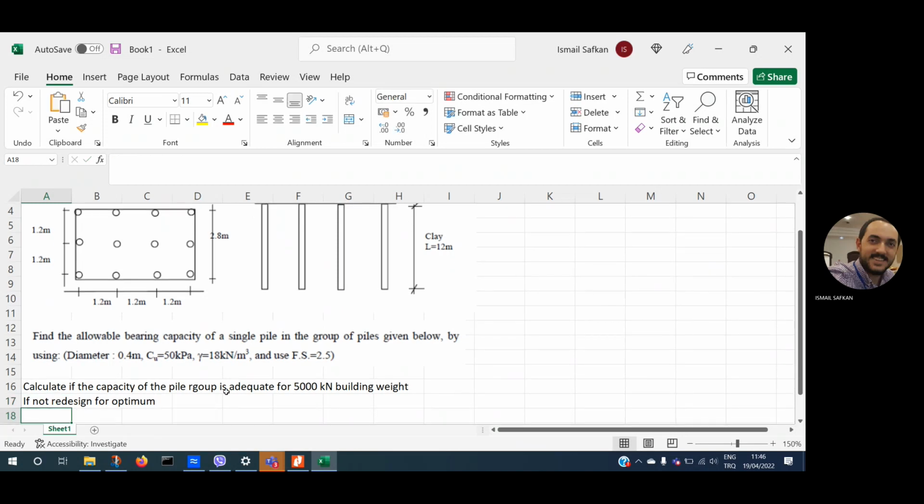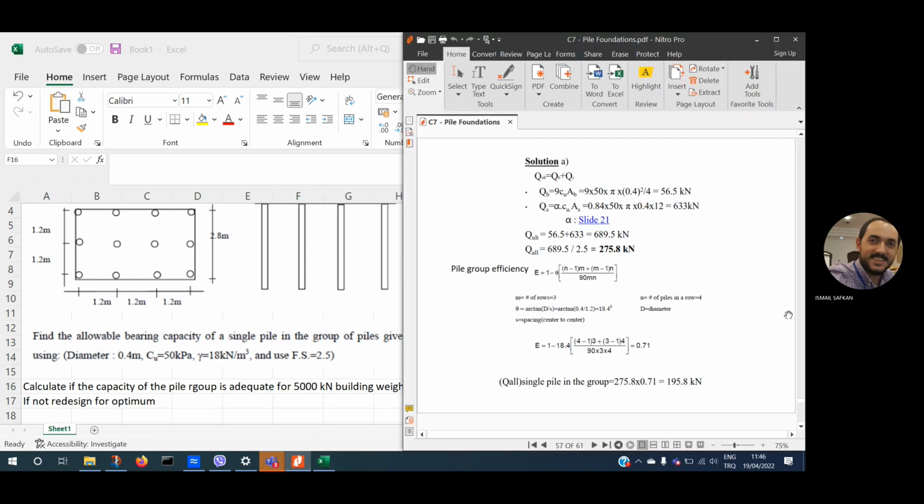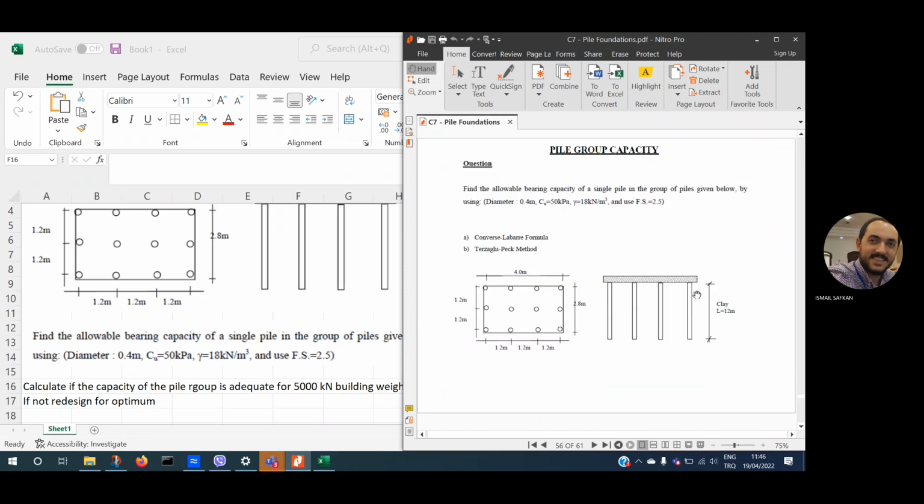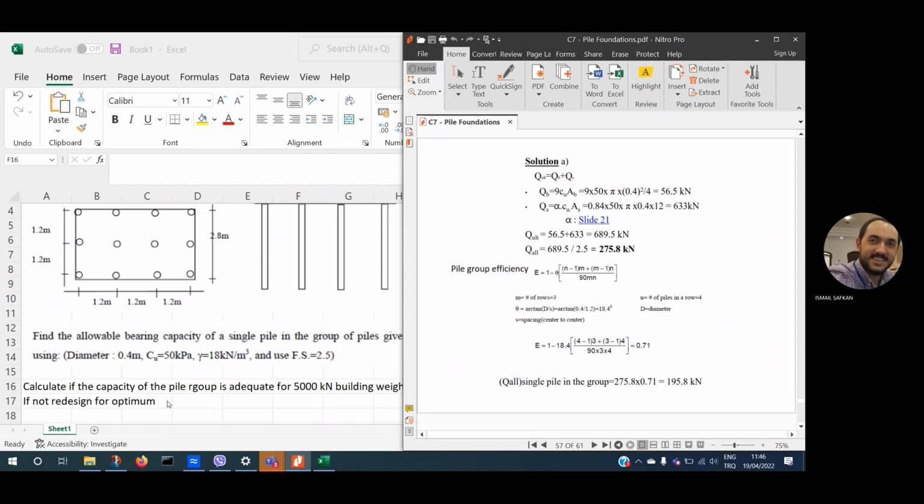Two questions you have. Let's see the first one, 5,000 kilonewton. We initially calculated the capacity. One single pile, with the efficiency property, I mean the real expectancy of that pile is 196. How many of them do we have? 12.